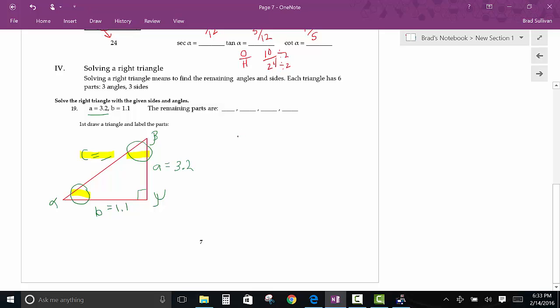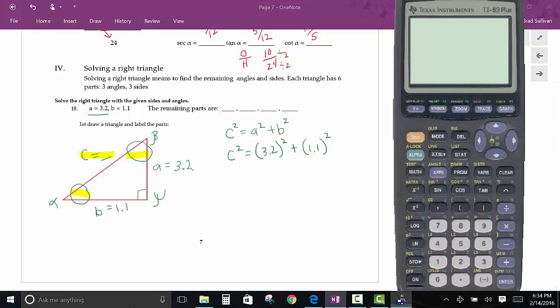First of all, if I give you 2 sides and you want to find the third, we know the Pythagorean Theorem. So you could start by doing c squared is equal to a squared plus b squared and just plug things in. So a is going to be 3.2 squared, and then b is going to be 1.1 squared. I'll display the calculator as I do this.